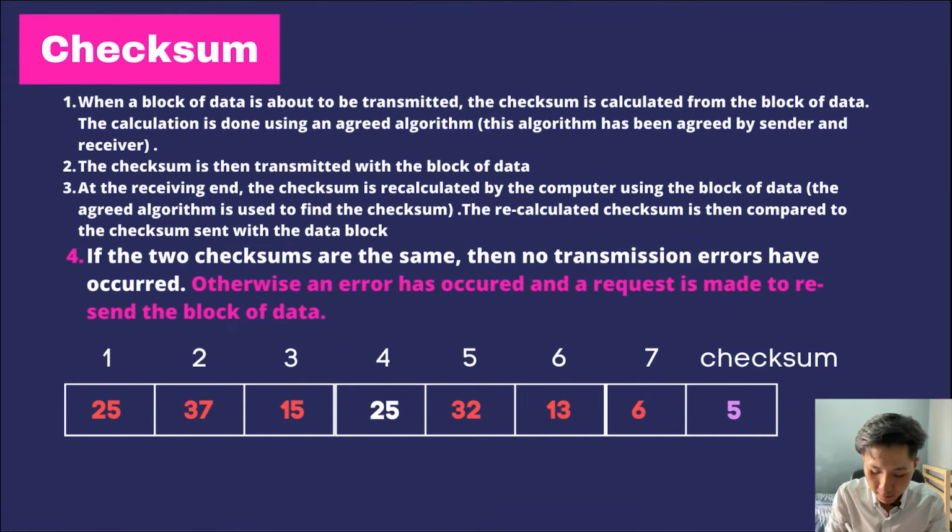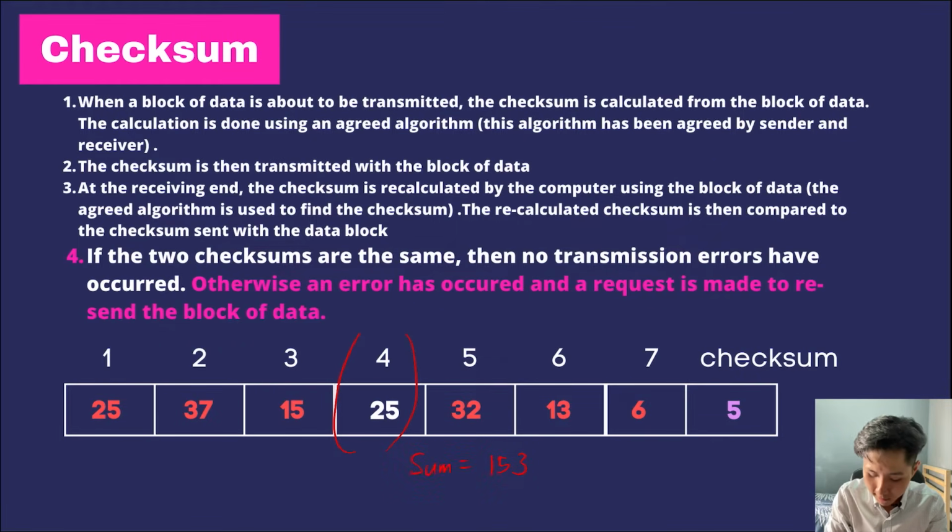So imagine that number 4 is the data that has been changed and corrupted. If we were to use the same algorithm, let's calculate 25 plus 37 plus everything, we will have 153, which is the sum.